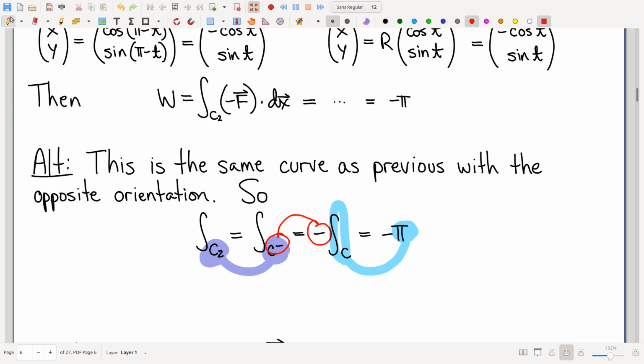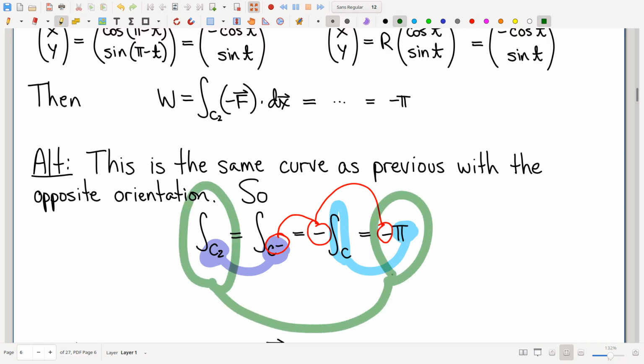So with this minus sign, of course, continuing on, we get our final answer, which is that the integral we want is minus pi. So, nothing to it. Really cool to be able to just make a quick little argument like that. Is everybody cool with that? Any questions? Okay. All right.